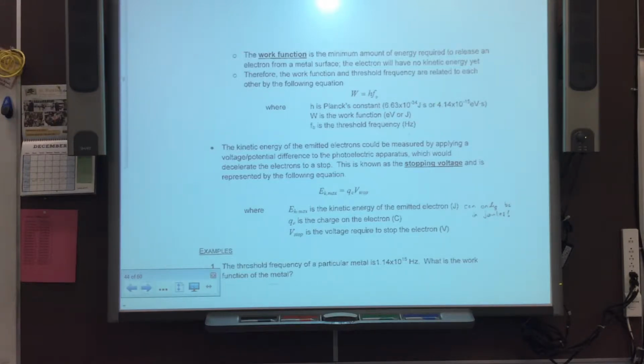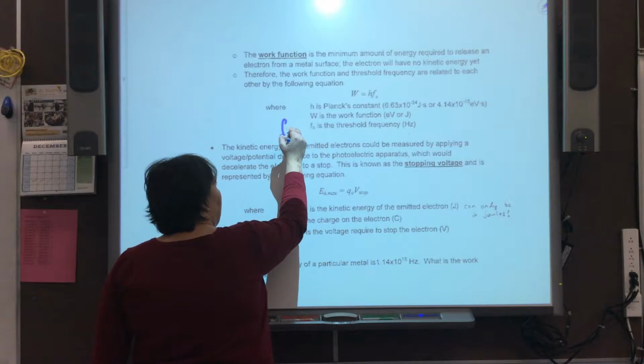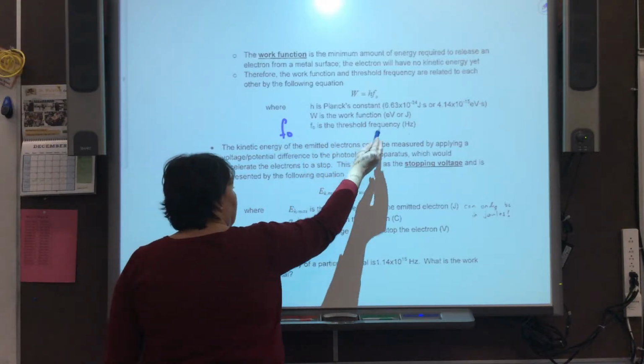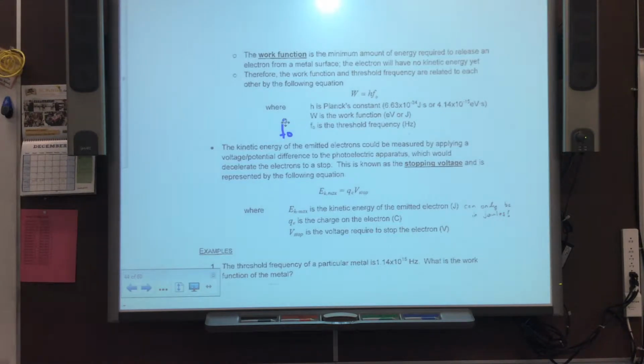So work function and threshold frequency have a relationship. W is equal to hf naught, f naught being the new language here, f naught being threshold frequency.